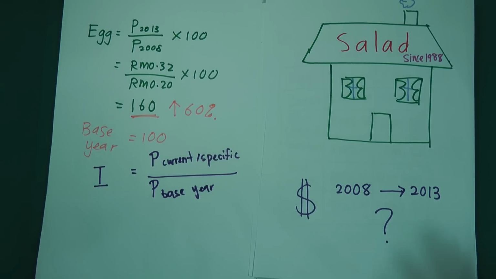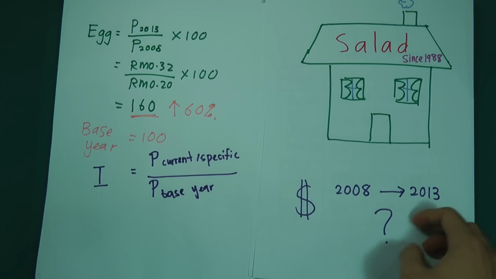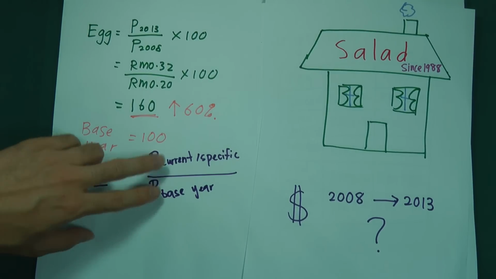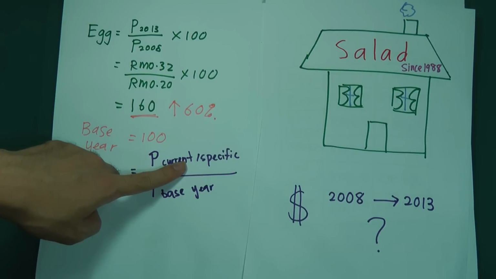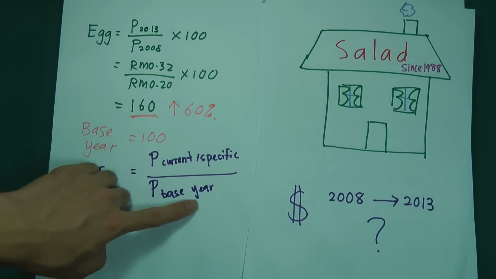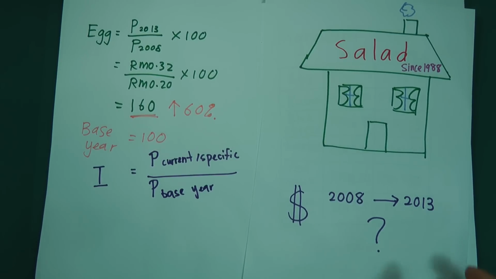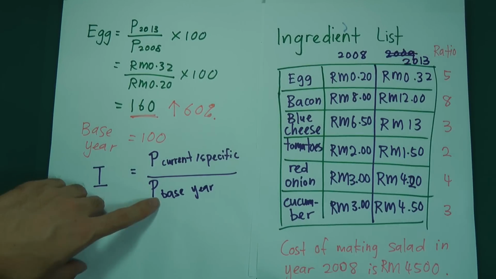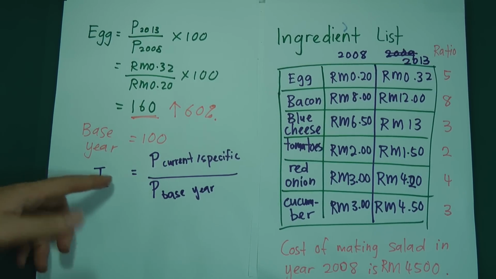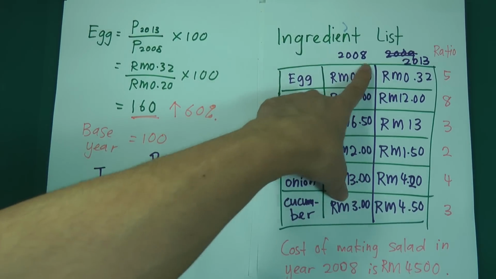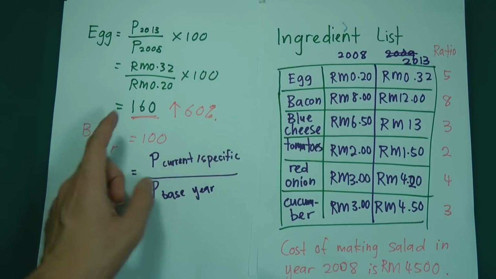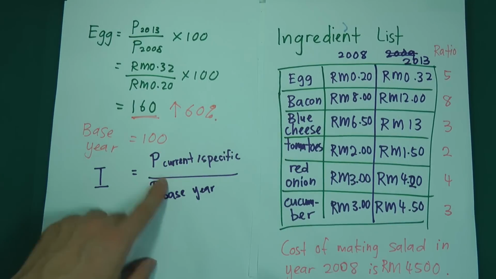In this case we want to compare 2013, so we always put the latest year on top and the older year on the bottom. But in your exam, most of the time he will tell you what the base year is. So in this example, base year is 2008 and the specific period is 2013.